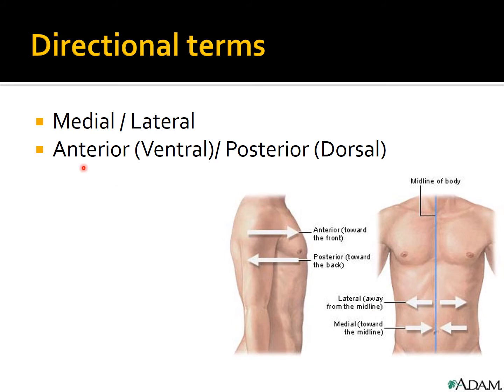The next one is anterior. Anterior means the one which is present in the front, and posterior is the one which is present towards the back. Anterior is sometimes referred to as the ventral part and posterior is sometimes referred to as the dorsal part.